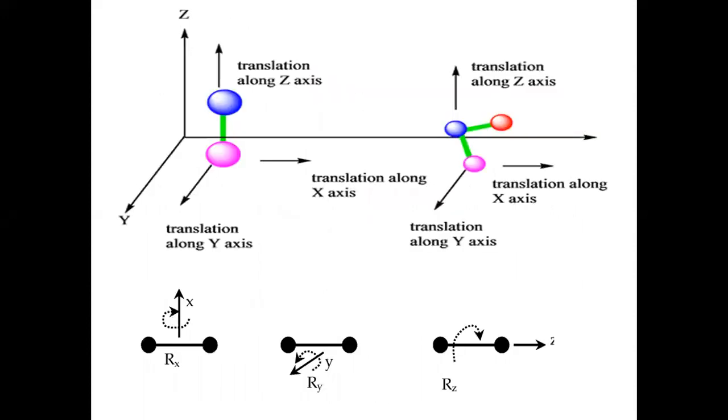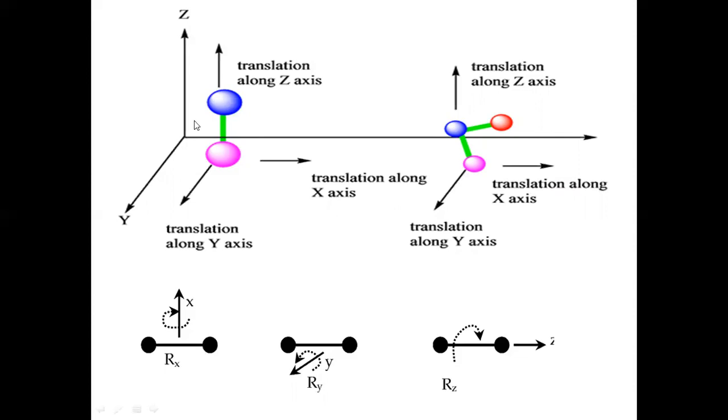Suppose here you have two molecules: one is a linear molecule and the second is a non-linear molecule. To your left is a linear molecule and to your right is a non-linear molecule. Each molecule has certain degrees of motion associated with it. Degrees of freedom is nothing but the number of motions associated with a molecule.